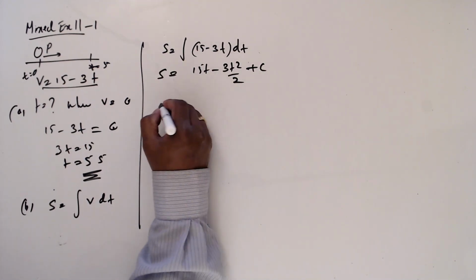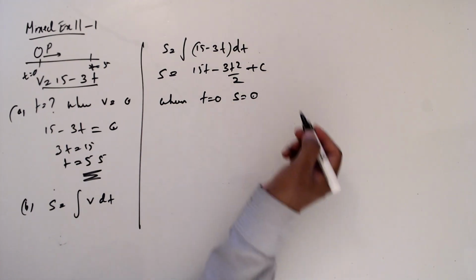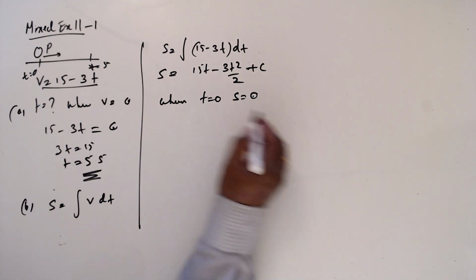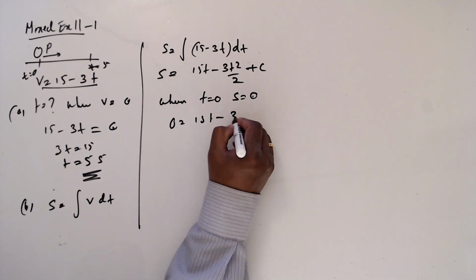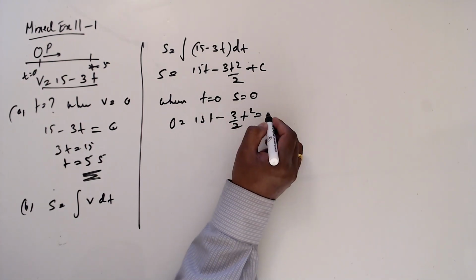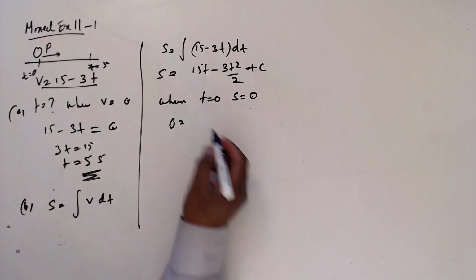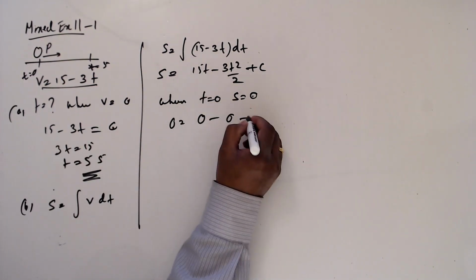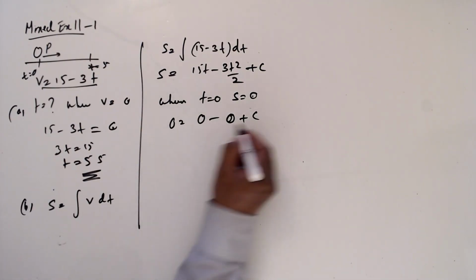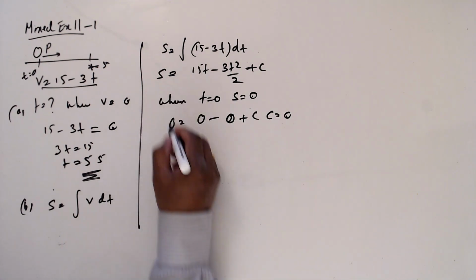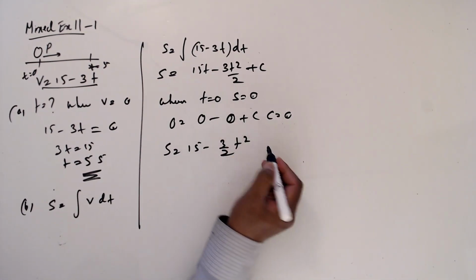We know that when t equals 0, s equal 0. So 0 equal 15t minus 3 over 2 t square plus c. This is 0 and this is 0, plus c. So c equal 0. s equal 15t minus 3 over 2 t square.